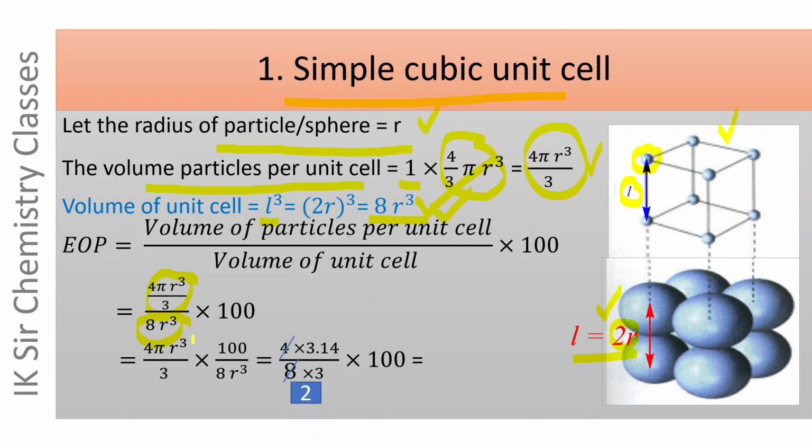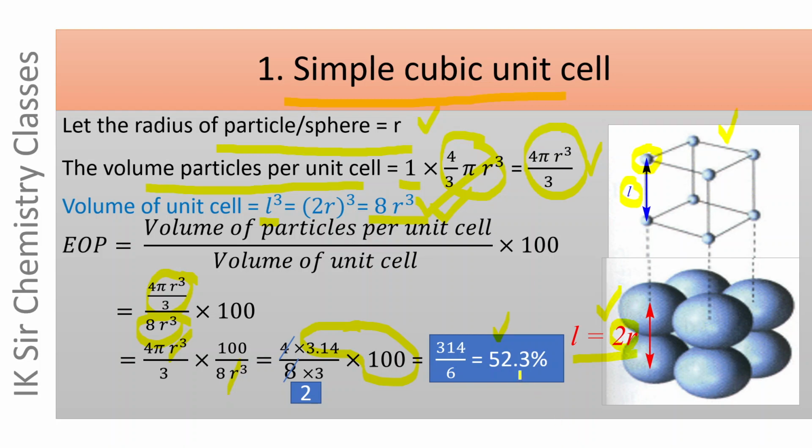The r cube will be cancelled out, and it will be equal to 4 multiplied by pi into 100. The value of pi is 3.14 into 100 and divided by 8 into 3. 4 and 8 will be cancelled out by 2, and it is equal to 314 divided by 6, and it is nothing but 52.3%.